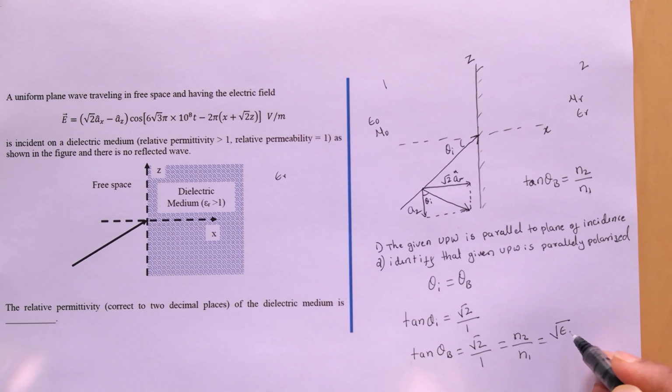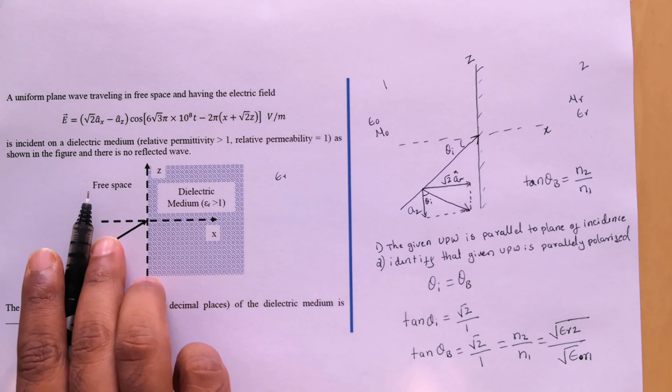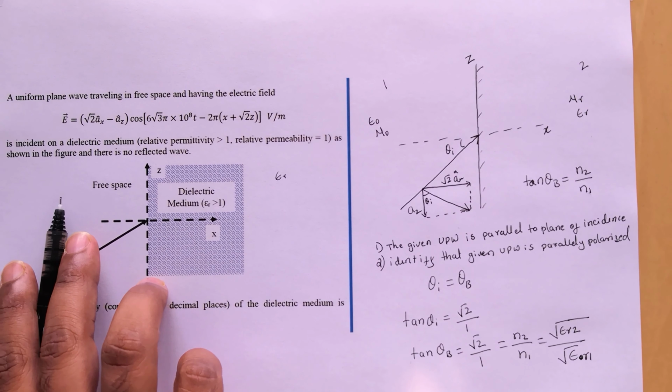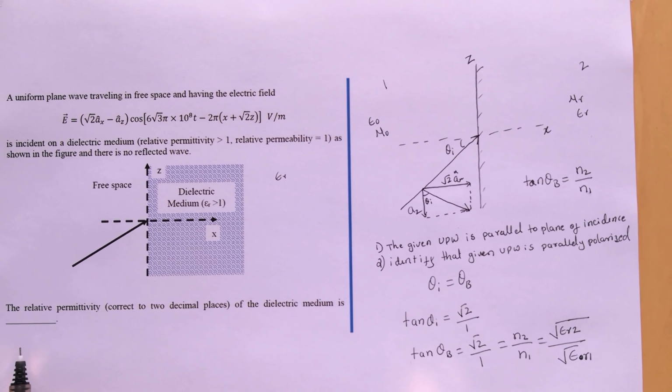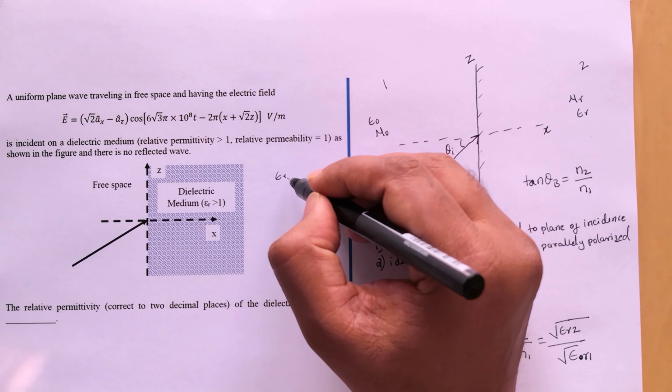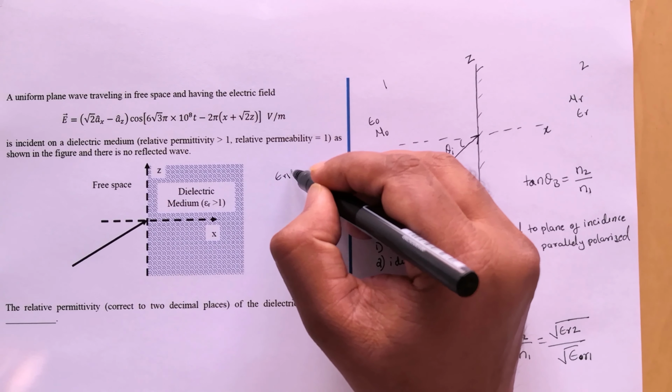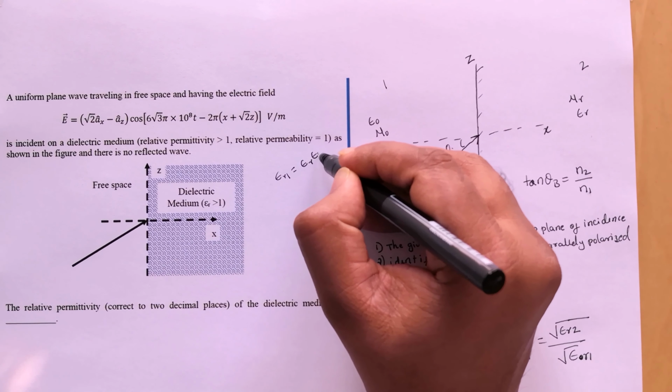So we have square root of epsilon r2 divided by epsilon r1. Now, we know the permittivity of the free space, and the dielectric medium has epsilon r, so it's epsilon r and epsilon naught.